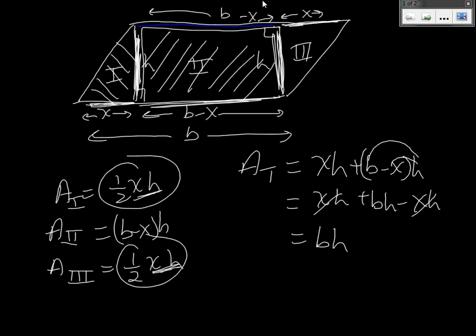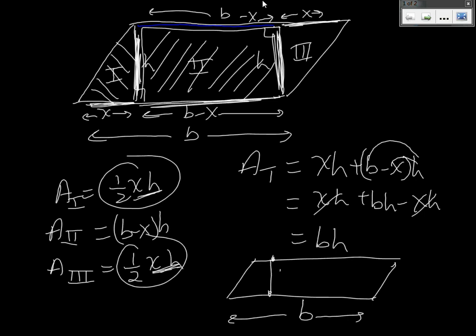Now, let me draw the initial figure down here. It might be scaled down a bit, but you get the point. I said that the base is b, and that the height is h. You want to put the height here? Fine, it's h. You want to put it here? Fine, it's h.